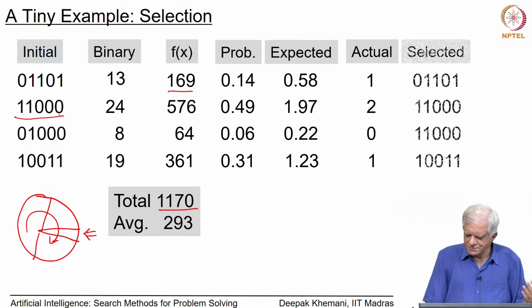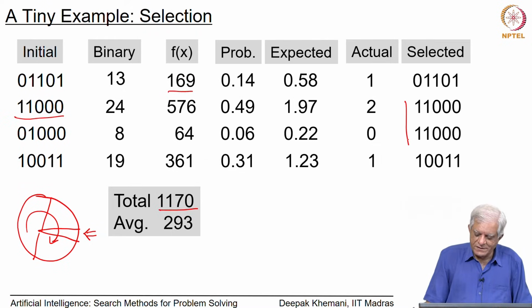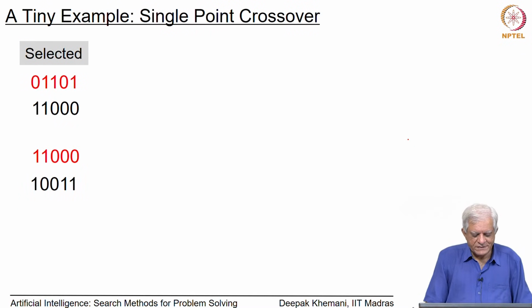So, this is the selection we have, and you can see that there are 2 copies of the second candidate, which was the fittest of them.